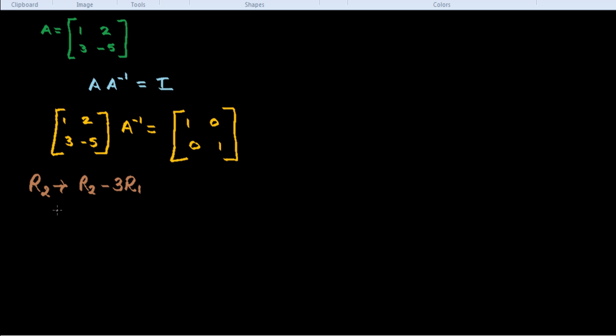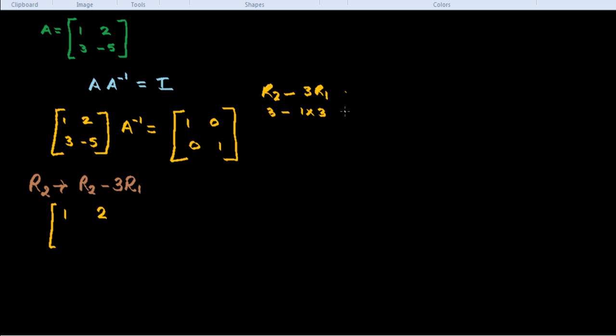So we do this operation here. Let us see what happens. 1 2 will remain the same because there is no change in the first row. We have to change this. 3 multiplied with 1 we get 3.